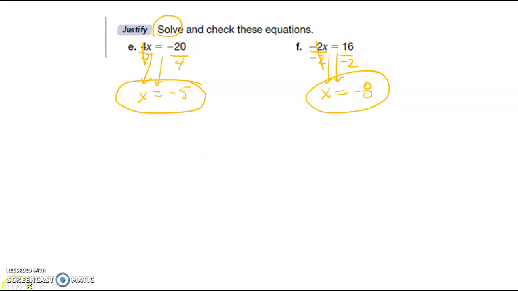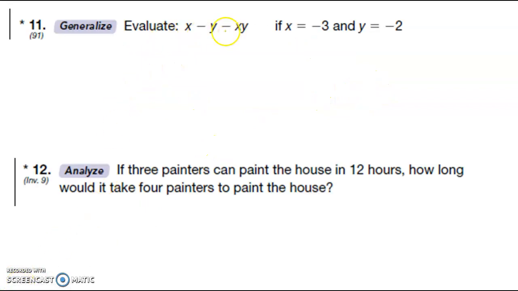All right, here's another one. Pretty much the same thing we've been doing this whole time. So negative 3 minus negative 2 minus negative 3 times negative 2. So we have negative 3 minus negative 2 minus negative 3 times negative 2 is a positive 6.